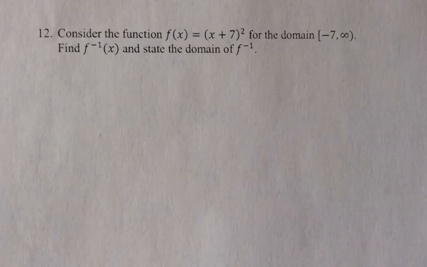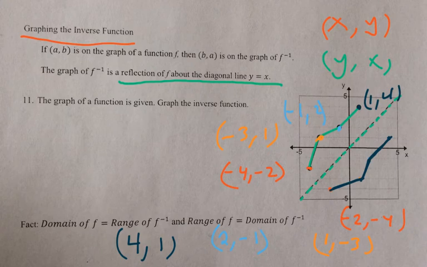So, the last thing from that previous page is a fact that actually is pretty important. Because you're switching the x's and the y's, this fact should make sense, right? The domain of the function f would equal the range of its inverse, and the range of the function f would equal the domain of its inverse.